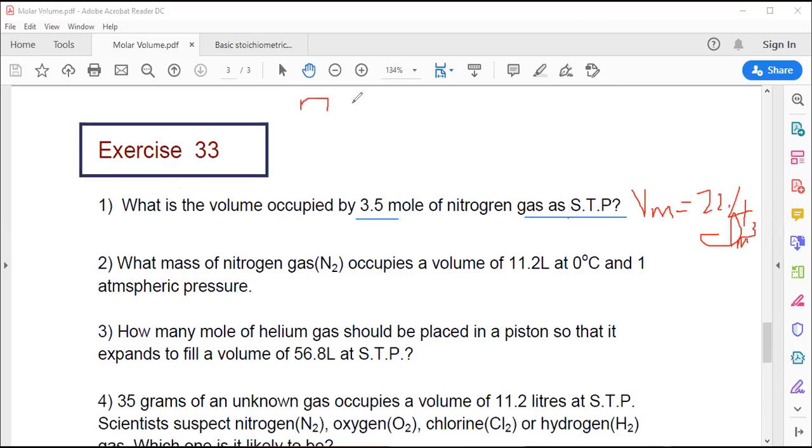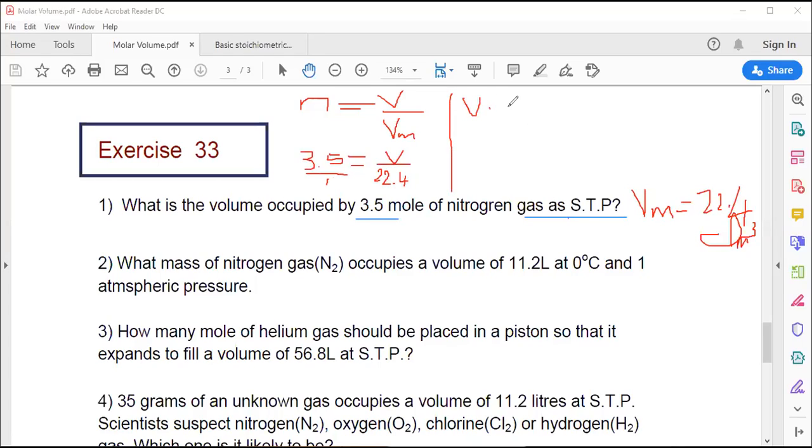Number of moles is equal to V over Vm. Number of moles is how much? 3.5, which is equal to V. We are looking for V. What is your molar volume? Your molar volume is 22.4, and this is over 1. Then you cross multiply. When you cross multiply, what are you going to get?